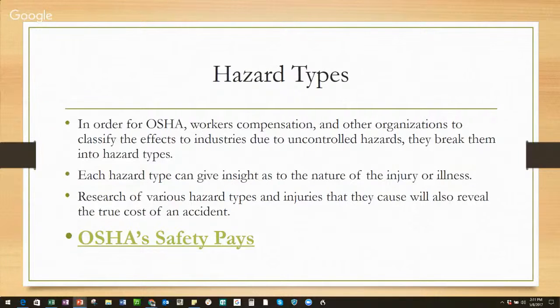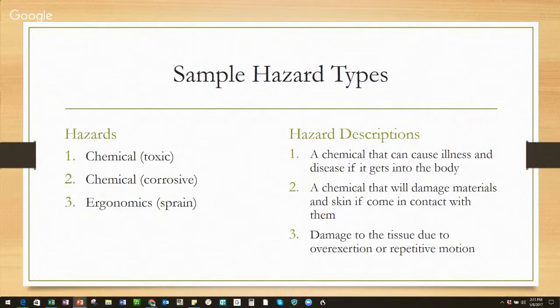As you're looking at this slide right here, OSHA actually has something called their Safety Pays program. I have a link there, but I broke it down a little bit more outside of the link. This is basically how the hazard types are labeled.